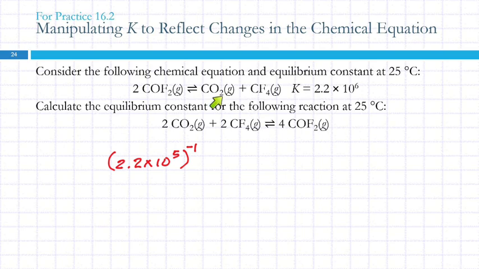This is a 4, it used to be a 2. So then we're going to multiply the exponent by 2. So that's going to be 2.2 times 10 to the minus 10 to the 5 raised to the -2 power. We'll just stick with 2 sig figs here and get 2.1 times 10 to the minus 11.